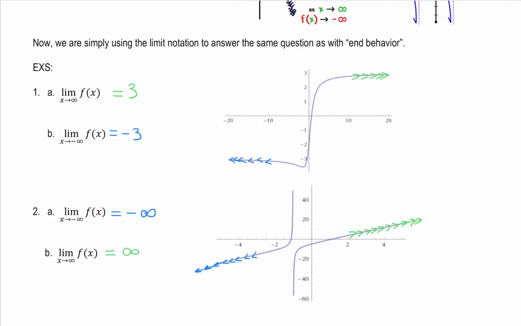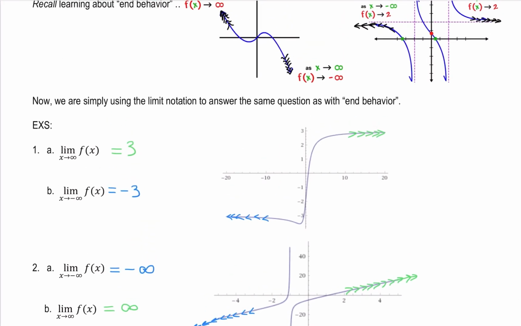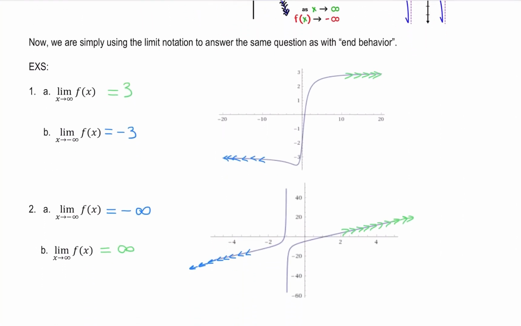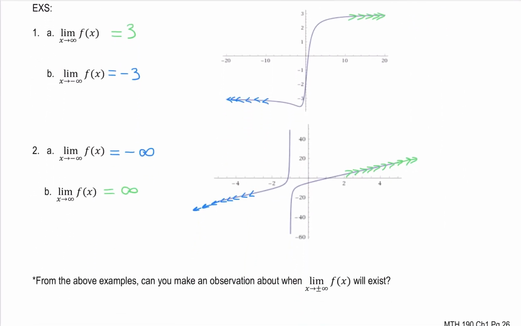So when you look at these above examples, the two we just did, and even the two up above that, which didn't have the limit notation but we're talking about the same concepts, we can see that when x is going to infinity or negative infinity, in order for the limit to exist, there needs to be a horizontal asymptote, some sort of limiting value that will be graphically what we would see with a horizontal asymptote.